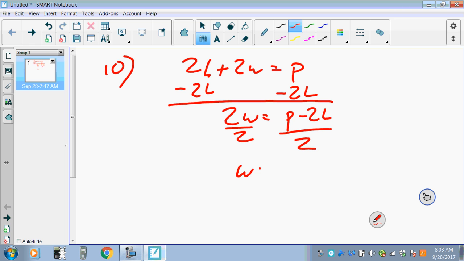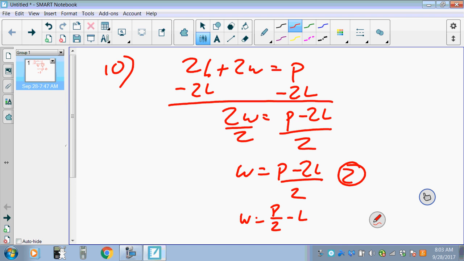So W is equal to P minus 2L over 2. And by the way, that is answer number 2 on your paper. If you wanted to, you could take it a step further and say P over 2 minus L. That's fine, too. You can distribute that 2 to both. But again, go with what's more useful for the given problem, okay?